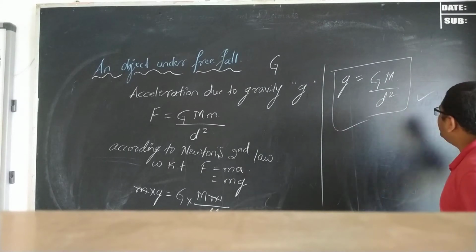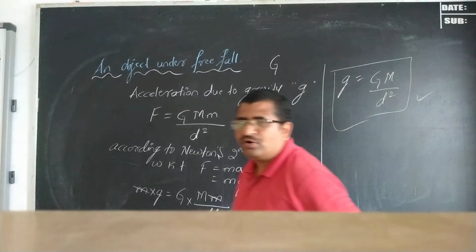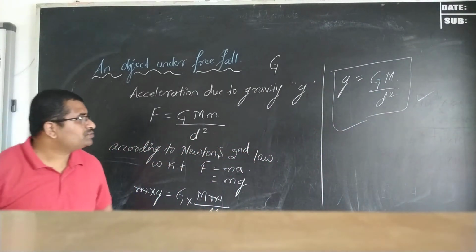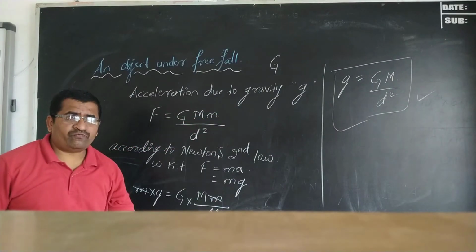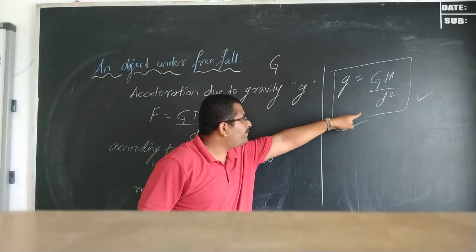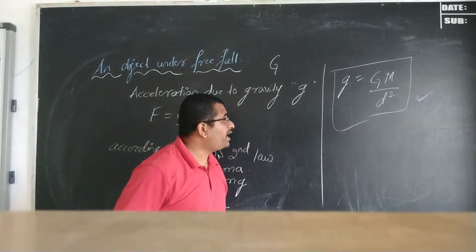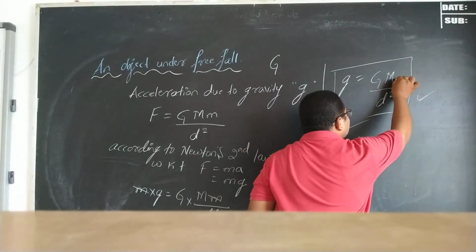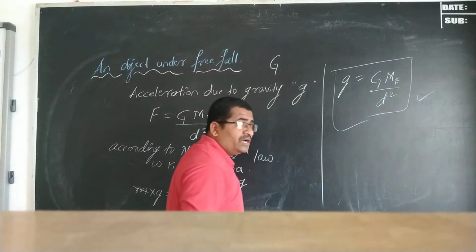Now we have derived the expression for an object under free fall: g = GM/d², where M can be written as Me, the mass of the earth.